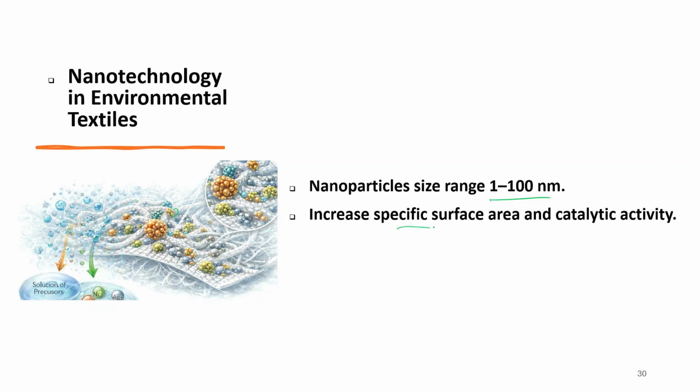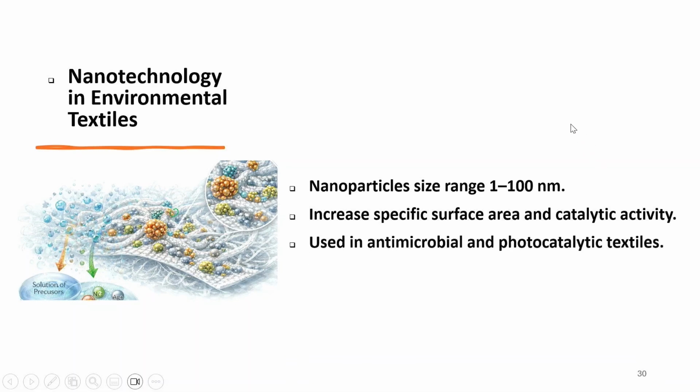And as the specific surface area of any particle increases, its catalytic activity is increased. So, that will help in controlling the water pollution. So, it is used in antimicrobial or photocatalytic textiles.